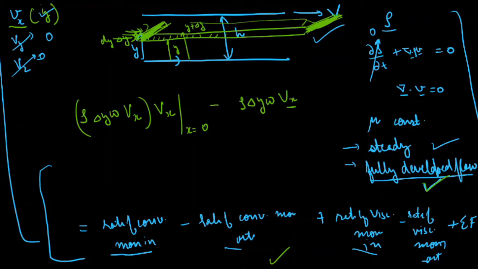So this Vx and Vx in a given delta y are the same. We are choosing the same delta y, we are not changing our shell. This is the rate of mass out, and multiplied by velocity will give us the rate of momentum out, and out is happening at x is equal to L.